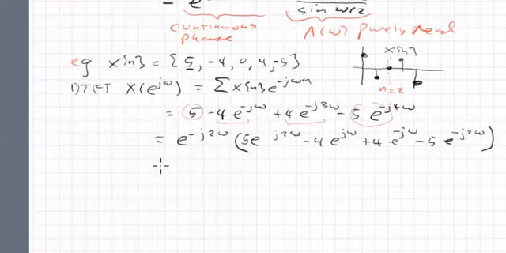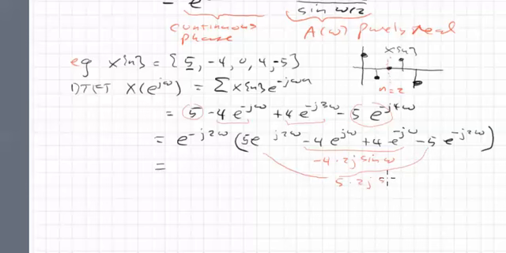We can clearly write this. This term is an Euler identity, and that's equal to a minus 4 times 2j sine omega, and those two guys combine to be a plus 5 times 2j sine 2 omega.